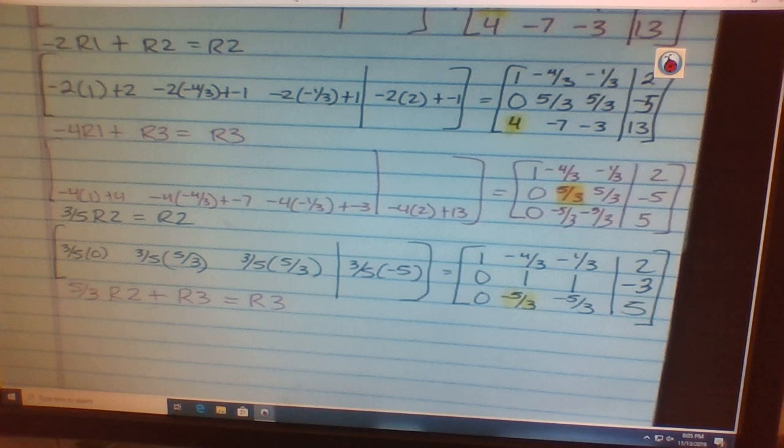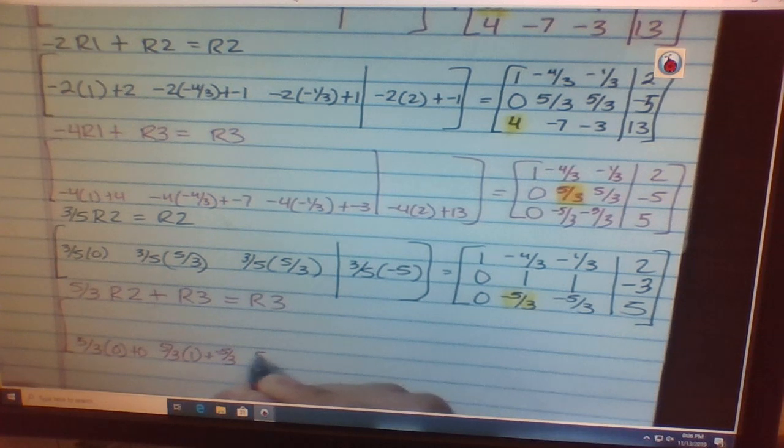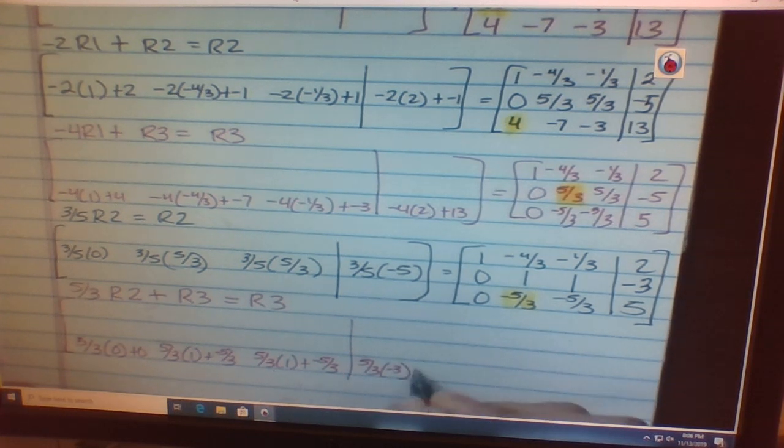All right, so I'm hoping you're already making all these calculations. 5/3 times 0 plus 0. 5/3 times 1 plus negative 5/3. 5/3 times negative 3 plus 5.